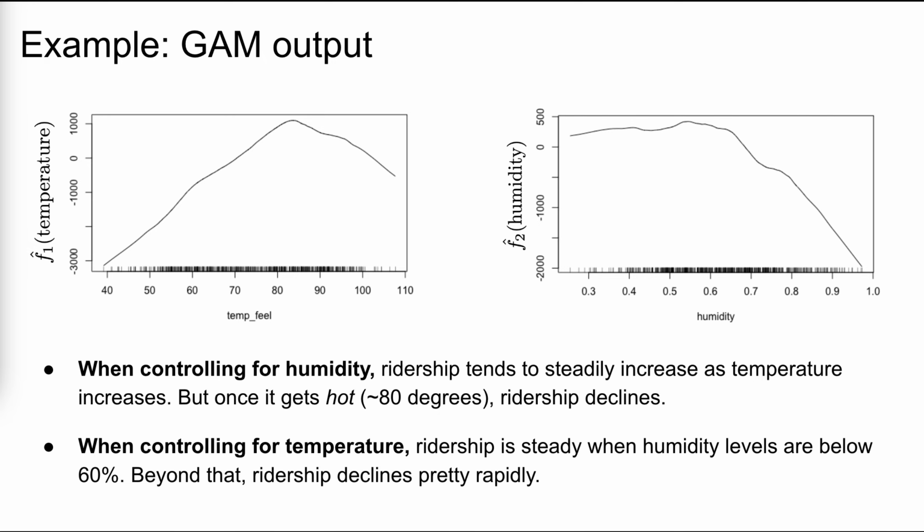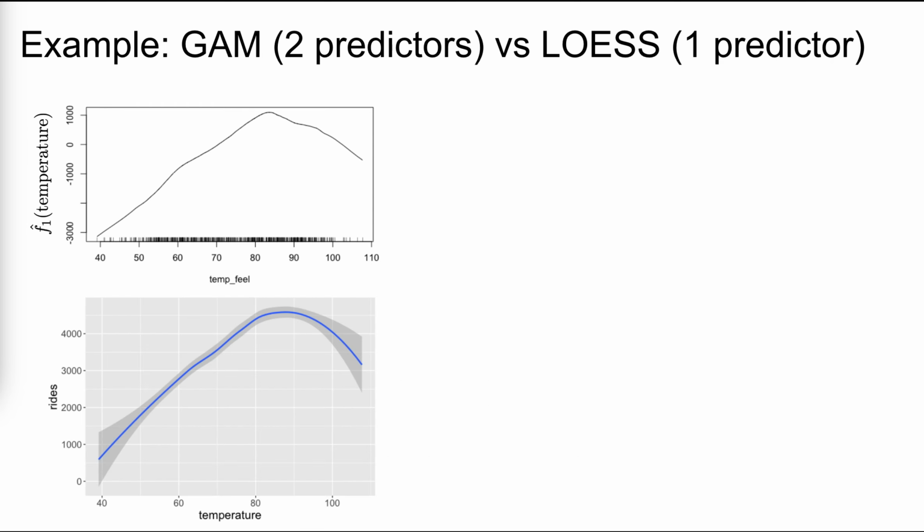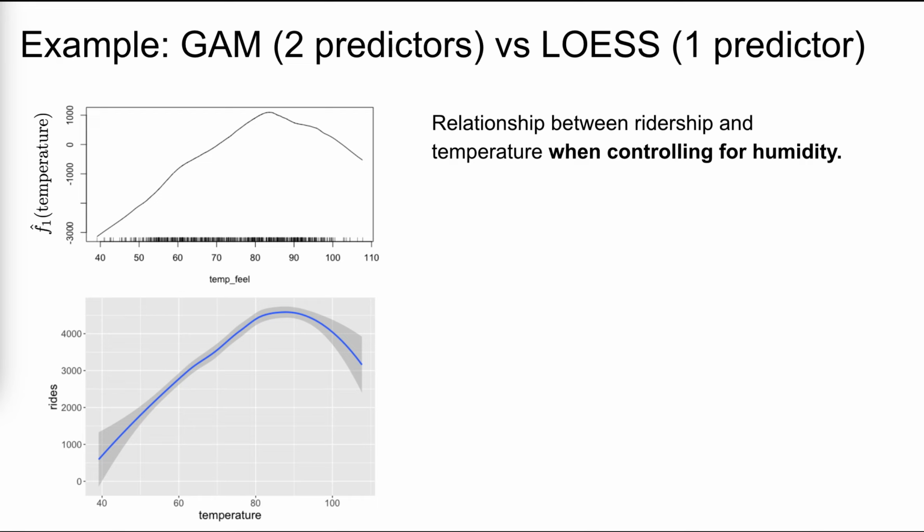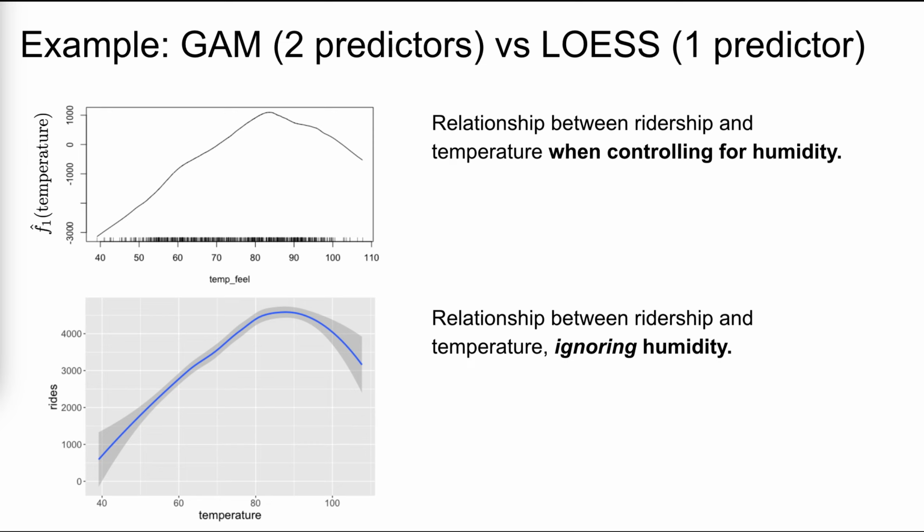So let's compare these results side by side. Starting with the temperature predictor. The GAM results at the top appear pretty similar to the lowess results at the bottom. However, their interpretations are different. Whereas the GAM results examine the relationship between ridership and temperature when controlling for humidity, the lowess results examine the relationship between ridership and temperature while completely ignoring humidity.